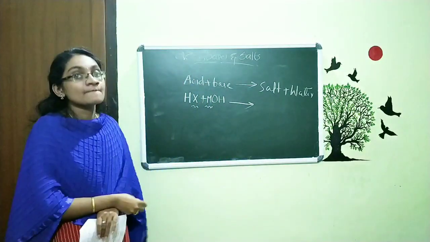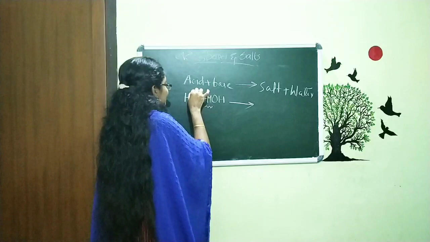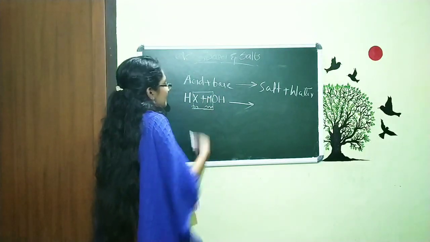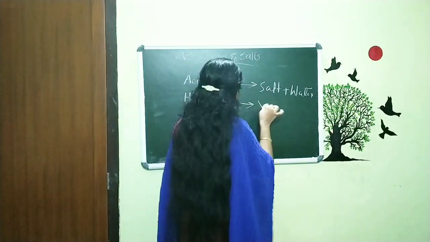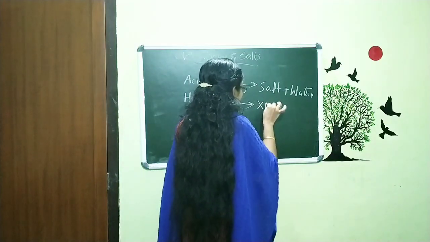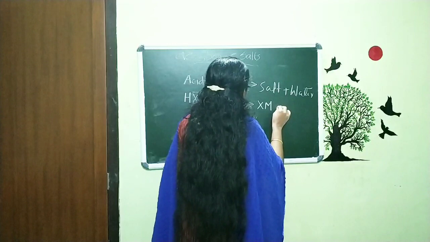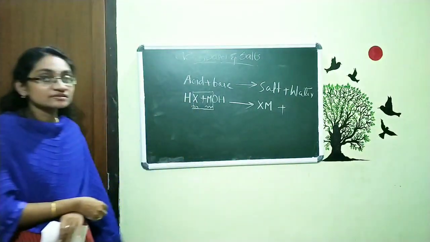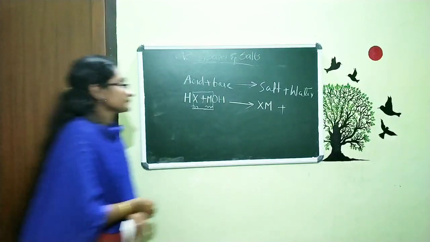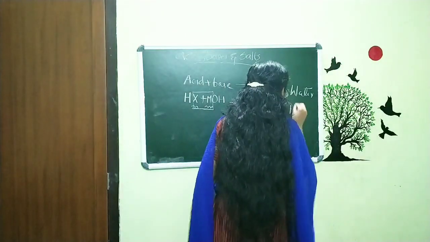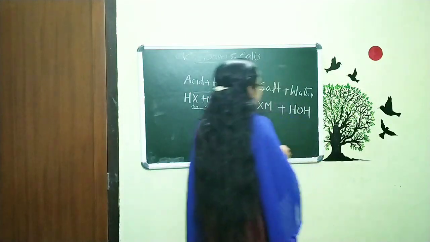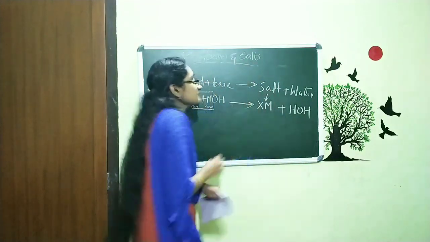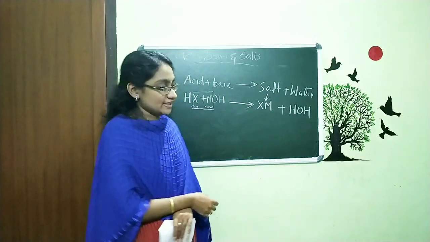This X is a variable and this M is a variable, and what is the product we get? You can see here these X and M are two variables that combine together, and we get XM plus, what is the remaining thing here? HOH. We are writing it as HOH. So this XM is the salt.